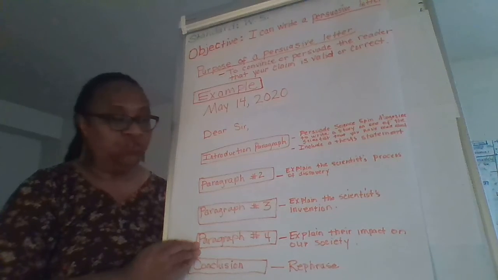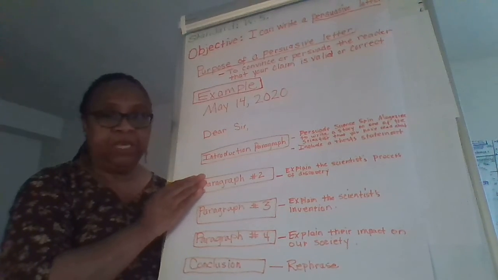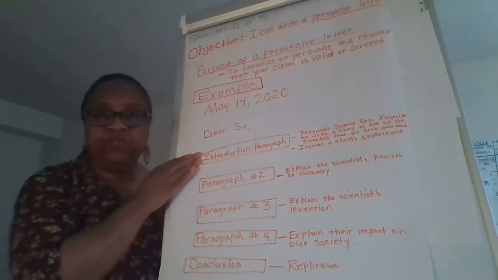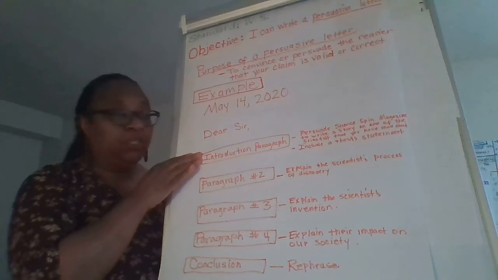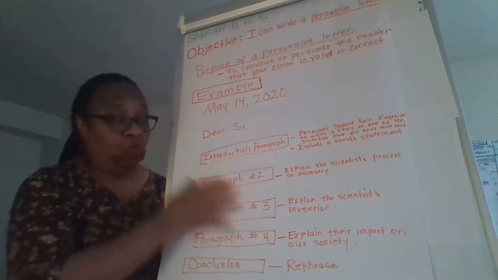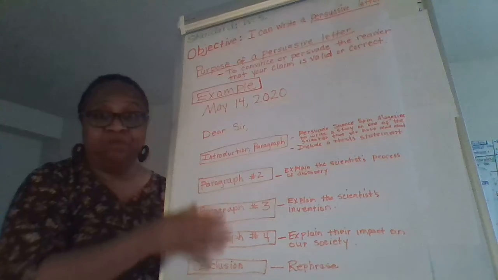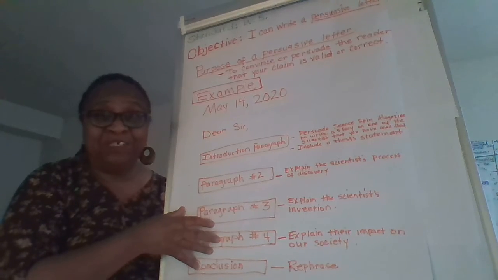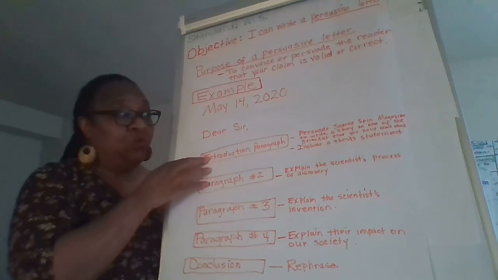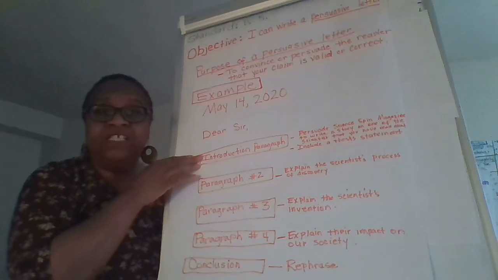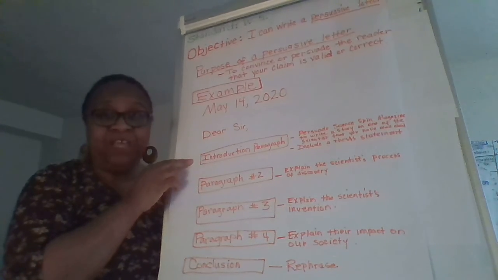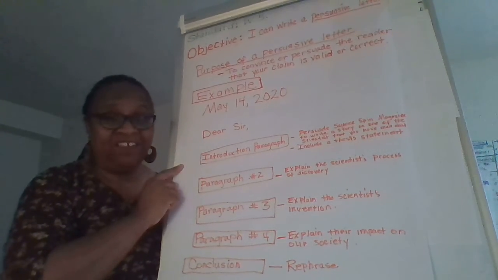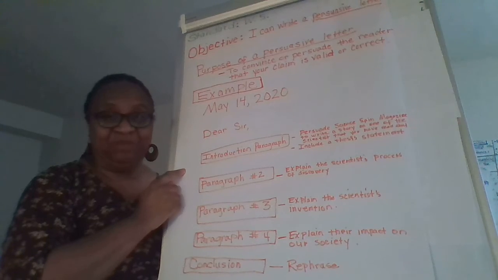Okay? So we want to be able to start with our introduction, which is introducing what this persuasive writing is going to be about. And it's also giving us a thesis statement about the claim that you are going to make about this writing. Okay?